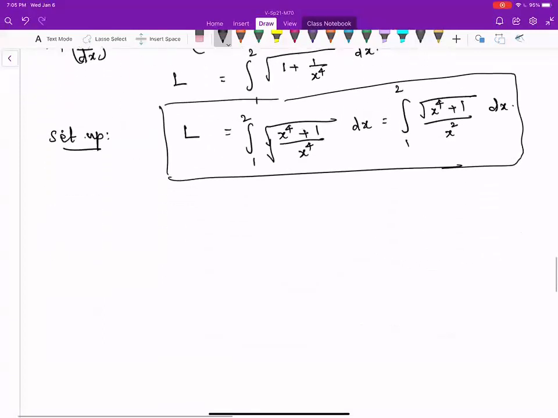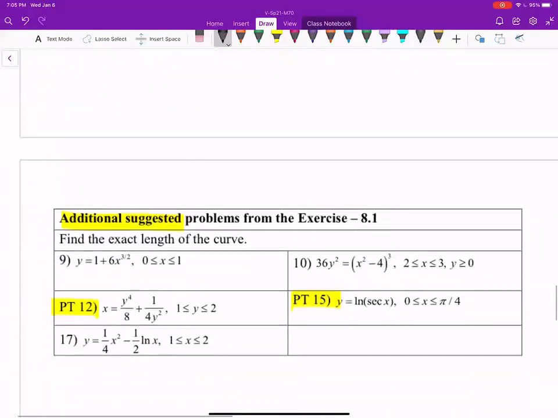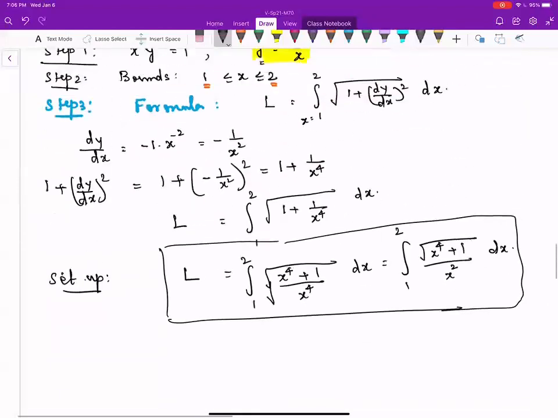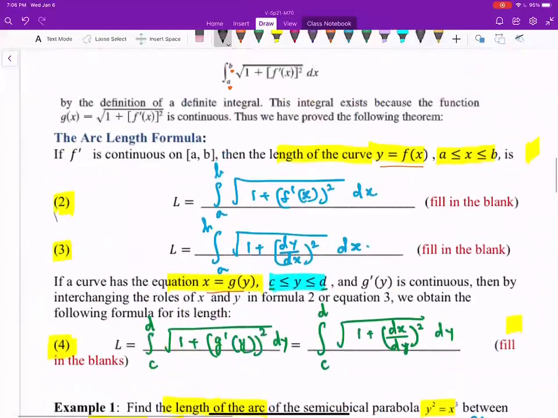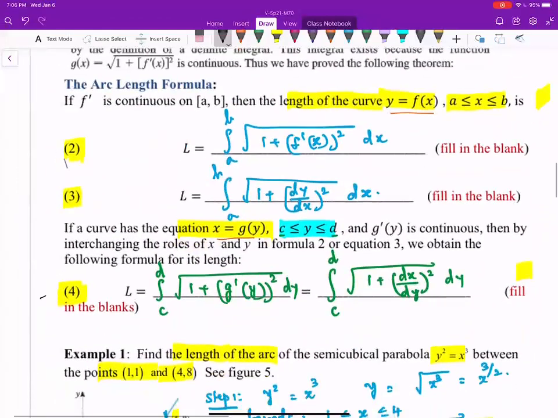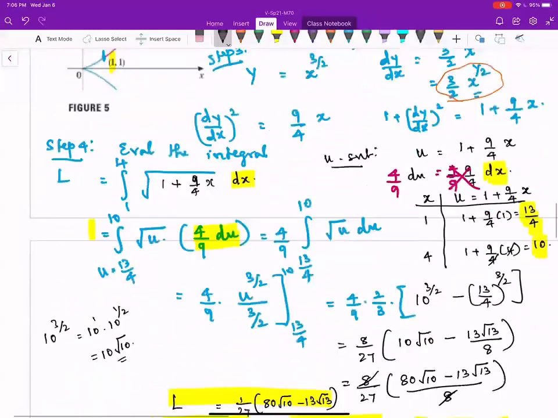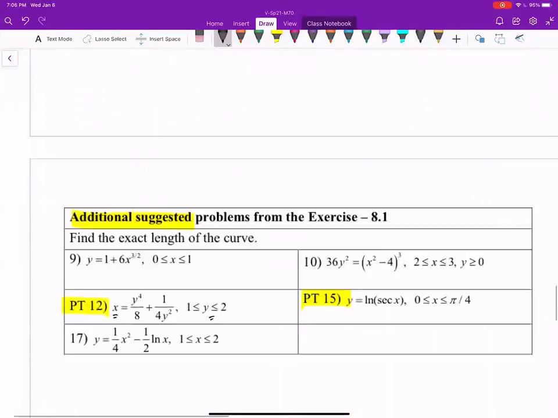Then, as I said earlier, for the additional suggested problems, problem number 12 and problem number 15, these are all done. These are all different types. So here you notice that x is isolated and you are given the bounds of y. So this is one where you would use this formula, the second one. So you will be using this formula here. So you get two types to refer to.